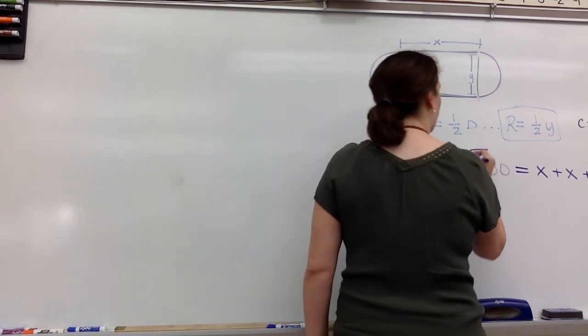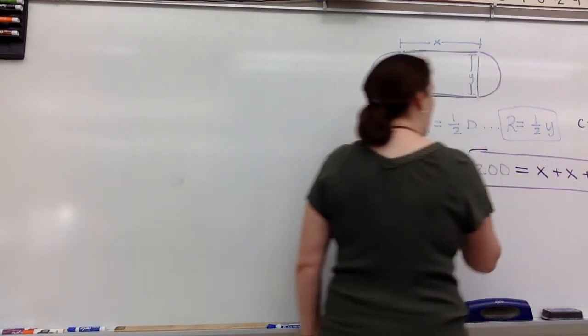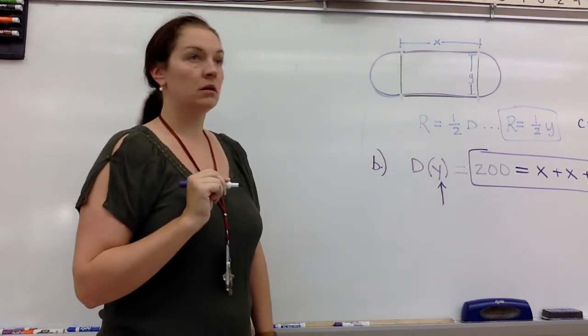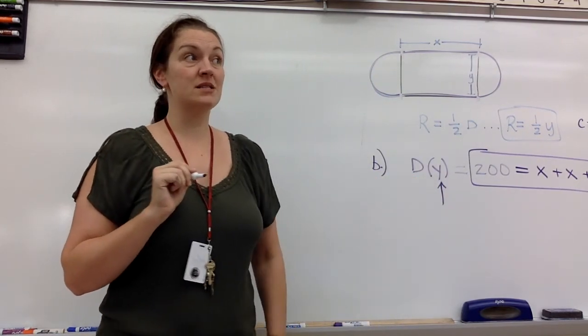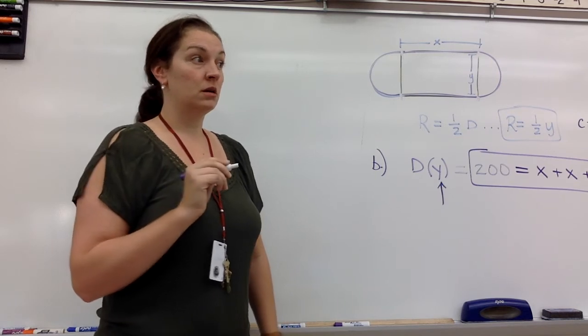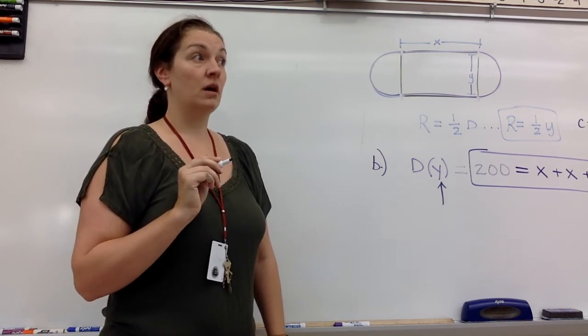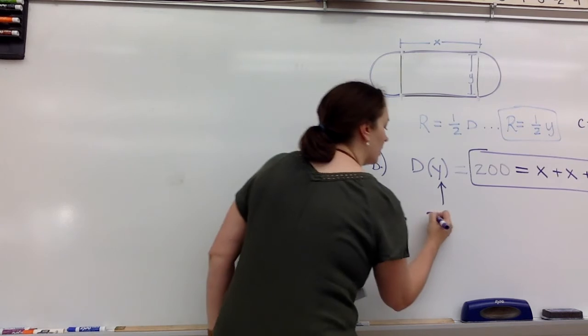So here's my result right here. And do what with it? It told you what to do. What does it say to do? In terms of x and y. So don't we have that right here?